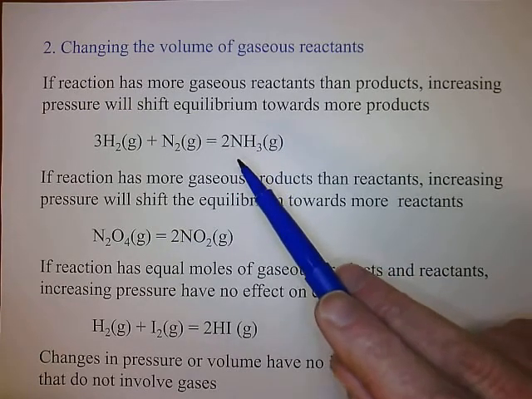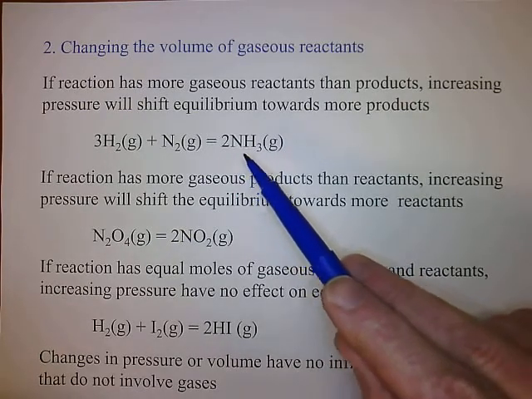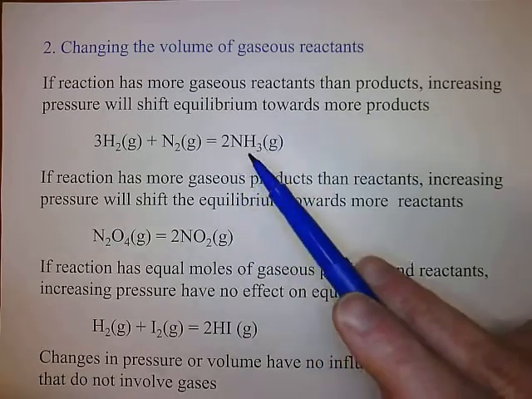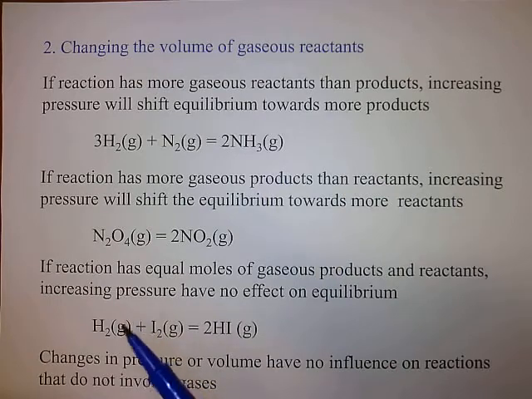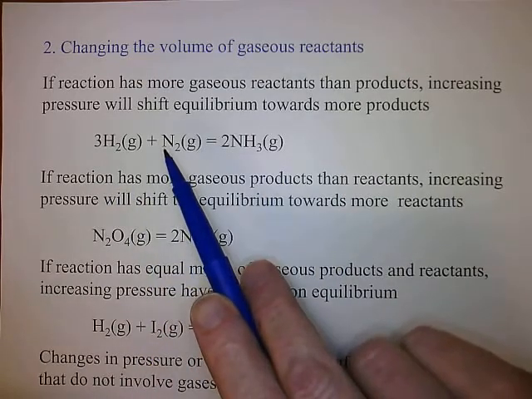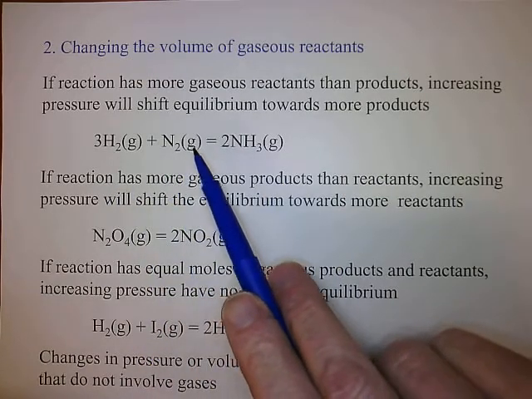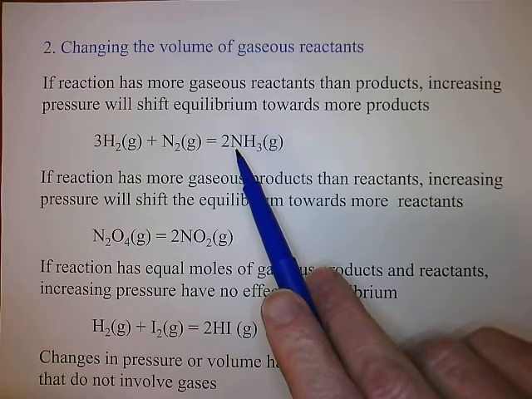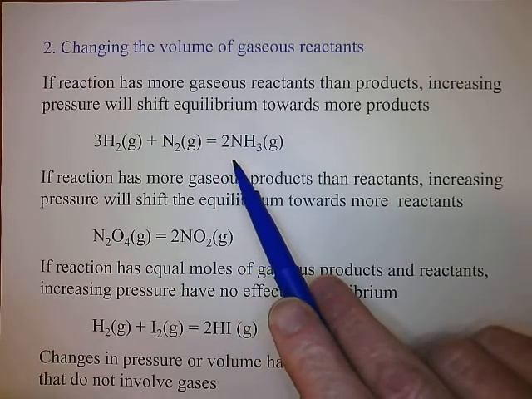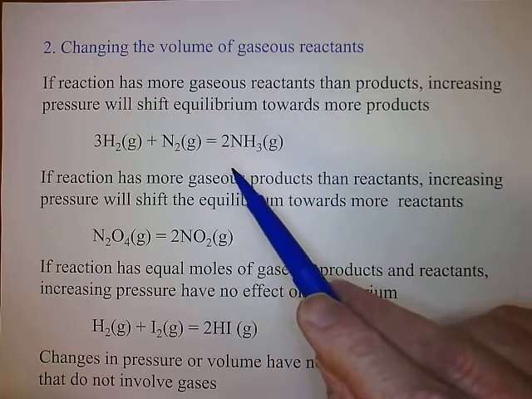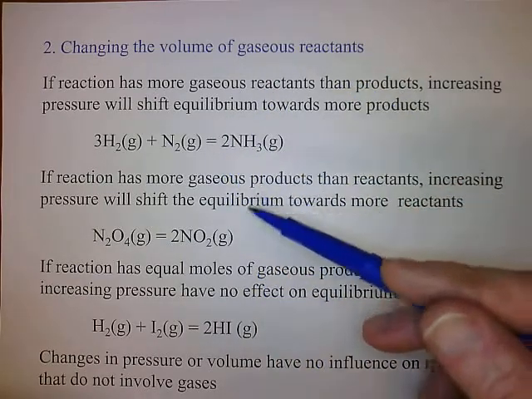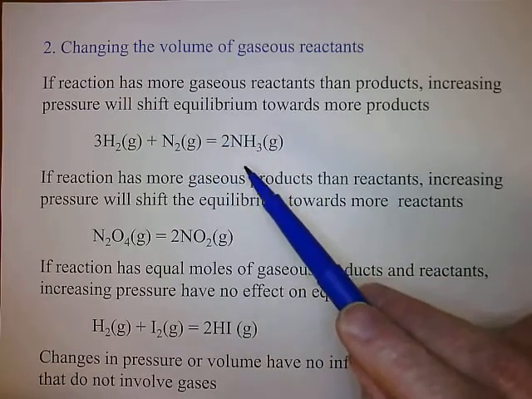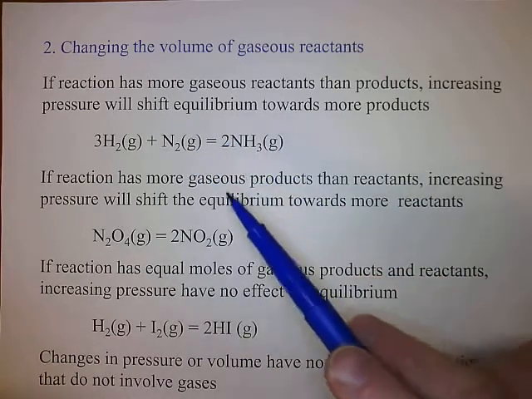Shifting to the right makes the pressure go down. Why? Because there's fewer moles of gas on the right. We have 4 moles of gas on the left and 2 moles of gas on the right. So if we stress the system, one more time, by forcing it into a smaller volume, we put it under pressure, then it's going to shift to the right, because that alleviates the pressure.